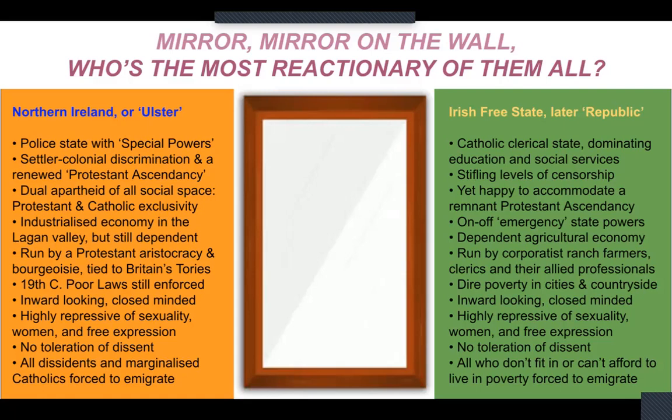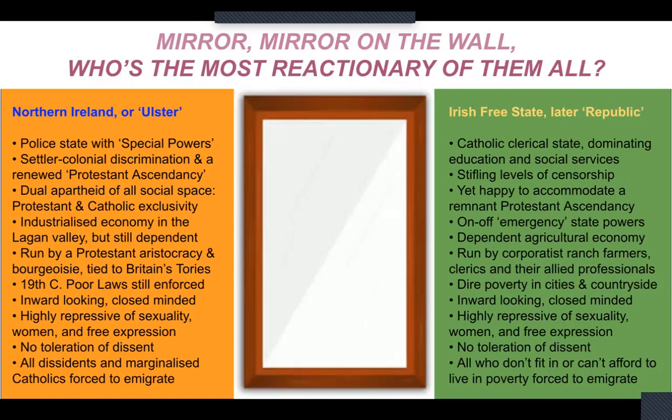The main police force itself is at least 90% Protestant, which conflicts with the actual proportions of the population at the time, roughly 60 to 65% Protestant and 30 to 35% Catholic within Northern Ireland.